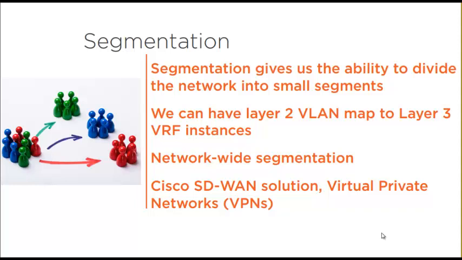VRF Lite is not layer 3 VPN. VRF Lite is going to every single router, creating the same VRF and allocating an interface into the VRF on every single router, every hop, running a routing protocol in it, a separate routing protocol for each VRF, hop by hop.